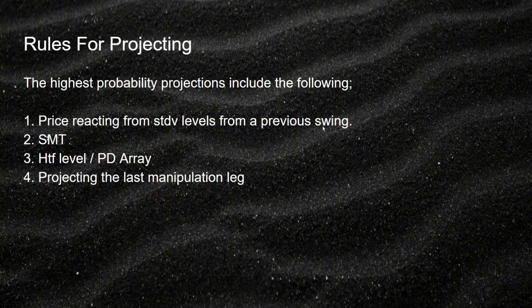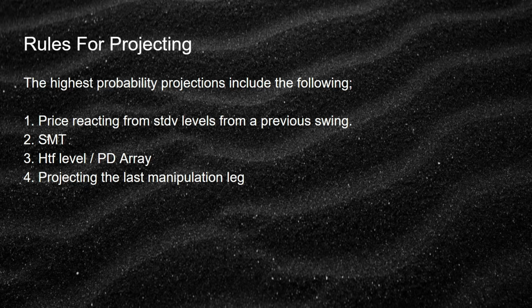All right, rules for projecting. The highest probability projections include the following: 1, price is reacting from the standard deviation levels from a previous swing. In some instances, this is me trading the 10 a.m. power of 3. We're reacting off of our standard deviation levels from the midnight swing, for example.